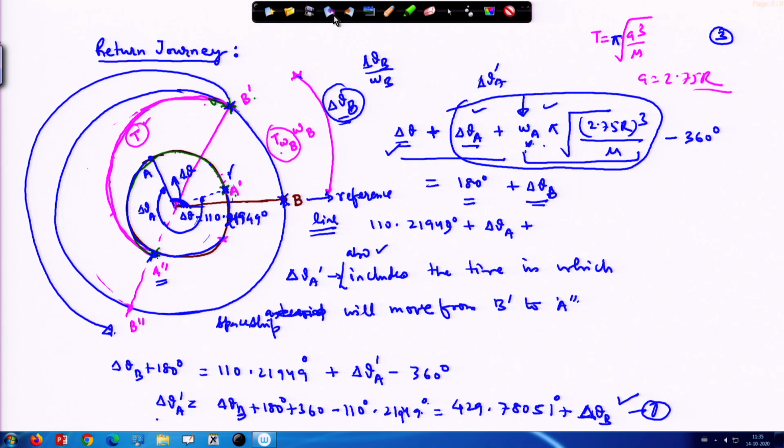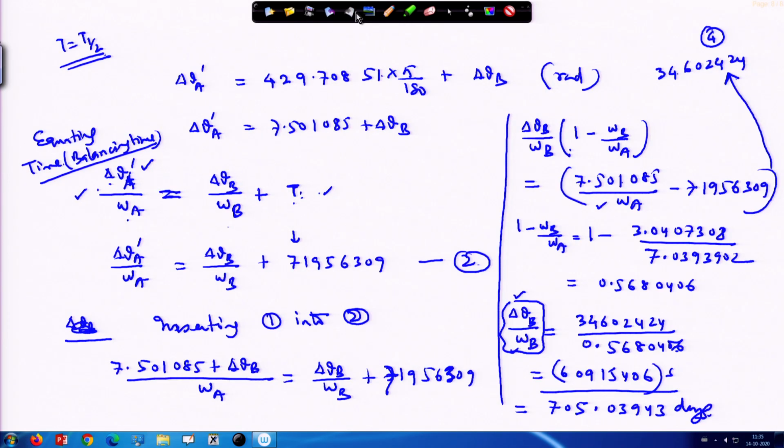So, here this delta theta b, remember while we go on this and look here in this place, delta theta b is this angle. So, this is the waiting time on b. Delta theta b is nothing but a reflection of waiting time. So, this becomes your T W b, waiting time on b.